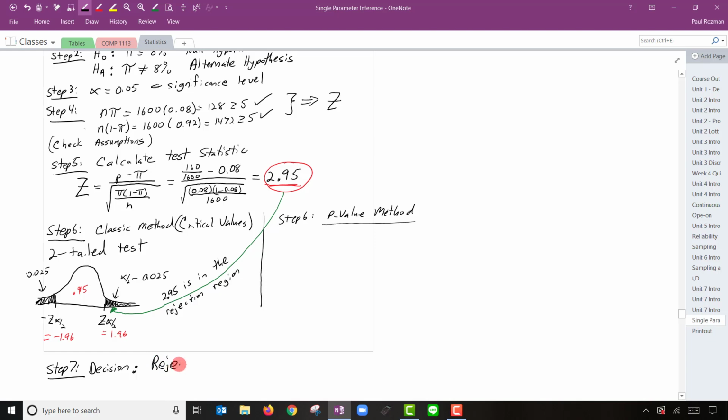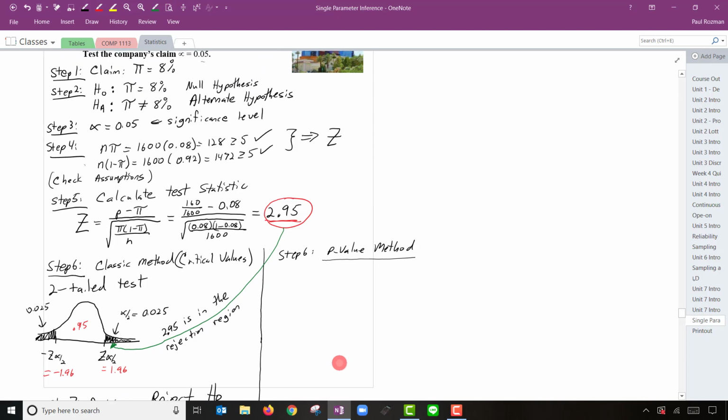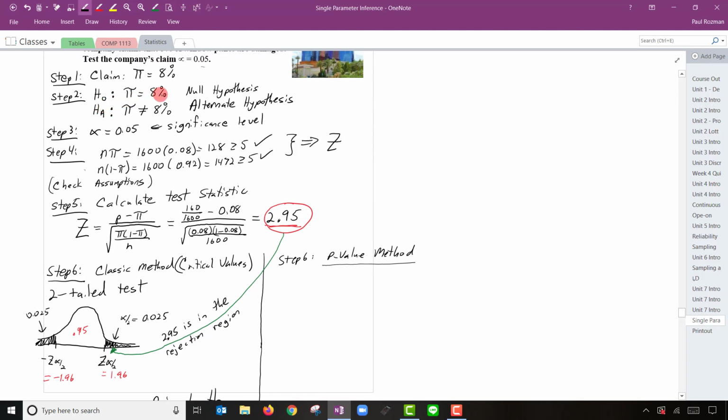reject the null hypothesis. Don't mention the claim yet. All we're doing in step 7 is we're evaluating our original null hypothesis. Do we reject this hypothesis or do we fail to reject it? Don't say accept it.